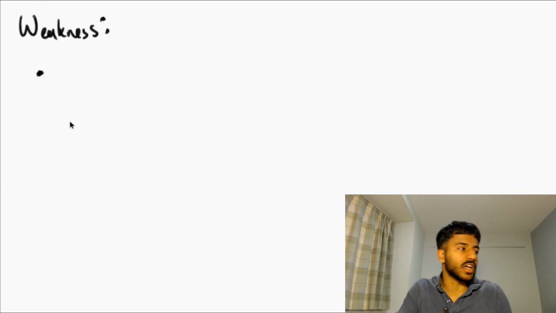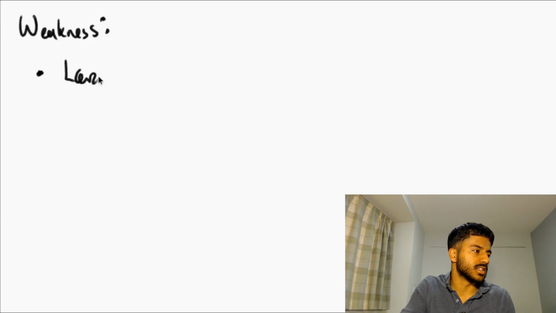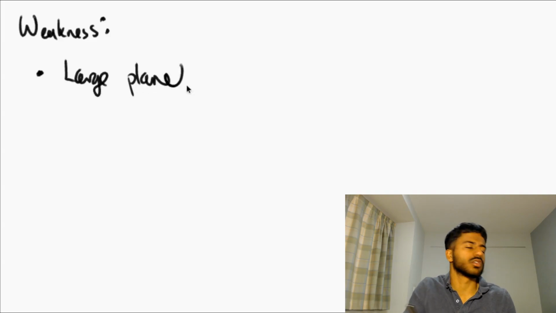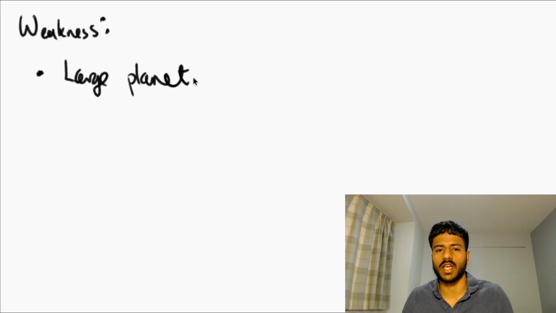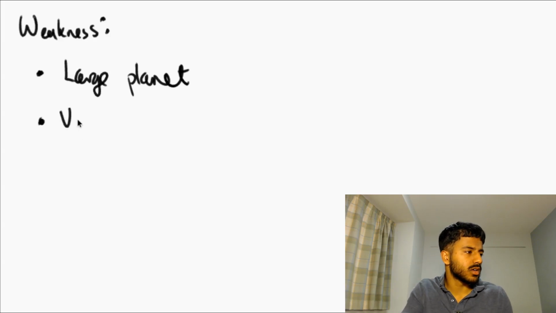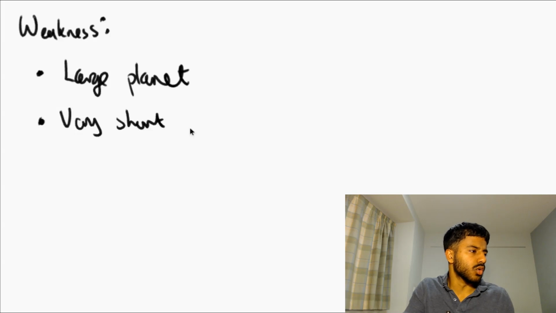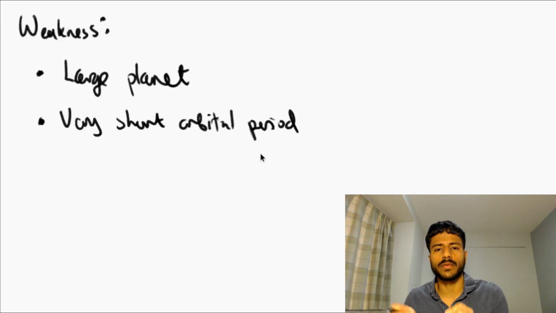Now one big weakness is that you need a large planet again. But this time it's more so the size of the planet. You need a bigger planet if you want to see a big enough dip. You also need a very short orbital period. And the reason for that is if your orbital period is too long, you won't be able to notice regular dips in the light curve of the star.